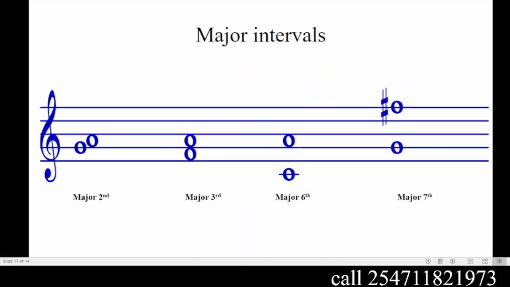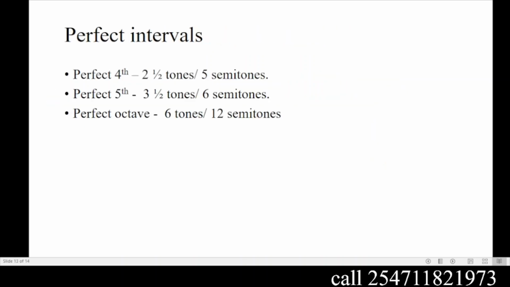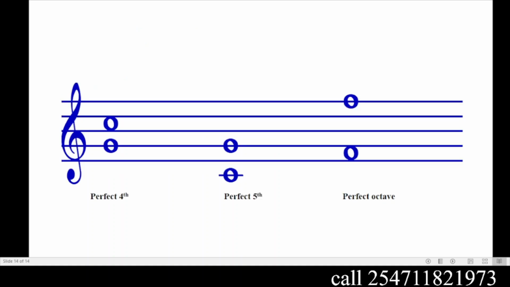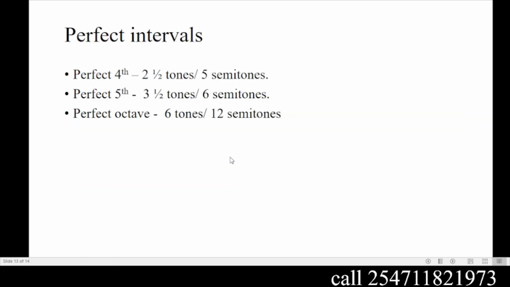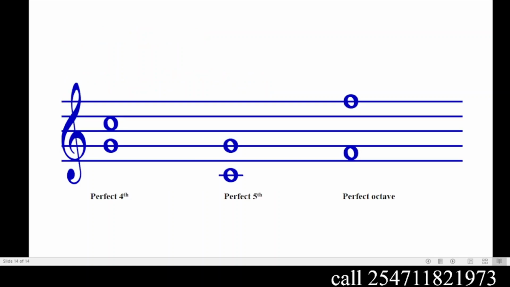The same knowledge is applied to all of the other intervals, that is the perfect fifth and the perfect octave. For example, C to G is a perfect fifth. You've already seen it has 3.5 tones. And then a perfect octave, from here, F to F, has 12 semitones or 6 tones.